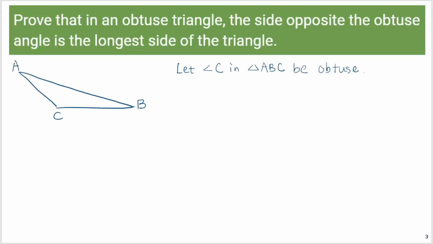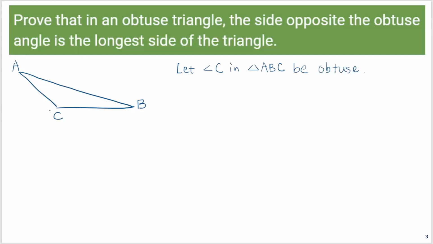Okay, any ideas? We have already known that the hypotenuse of a right triangle is the longest side of the triangle, right? So we could make use of some right triangle. If there is no right triangle there, we could make one, right?